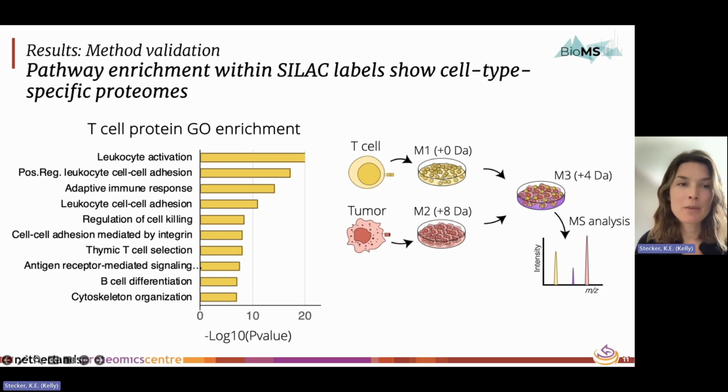And what we found, which I'm showing here on the graph, is that we saw a pathway enrichment for T cell specific pathways. So this really let us know that we are preserving cell type specific information with our SILAC labels. And it lets us know that our barcoding is working.